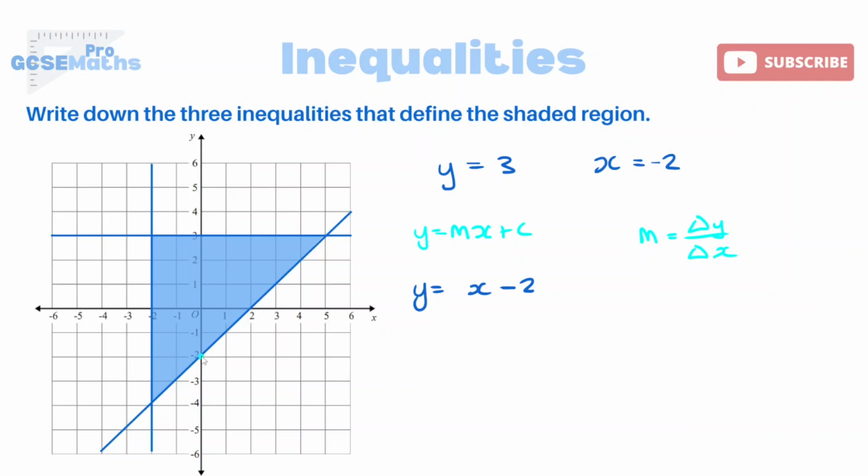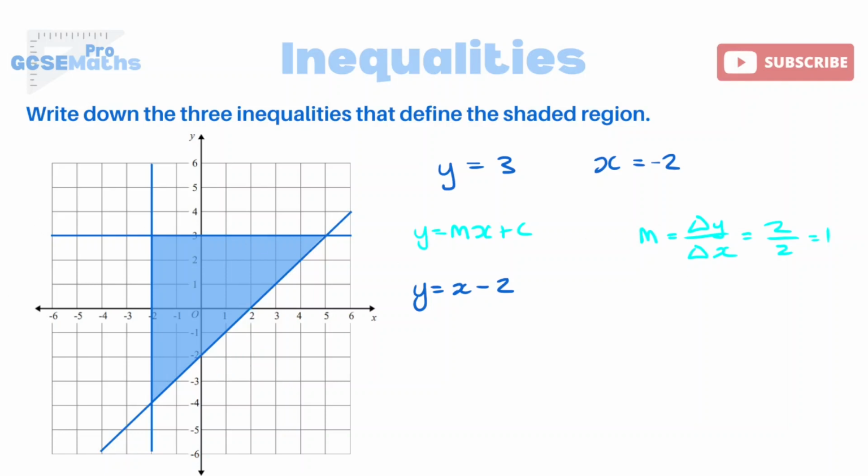So this is an exact coordinate, and so is this. So the change in y is 2 up, isn't it? Change in x is 2 along. So 2 divided by 2 is 1. And it's positive, isn't it? It's going upwards. So the gradient is 1. So actually, I don't even need to write anything in front of the x. Don't need to write 1x, do I? It's not helpful. So that's my equation of that line.